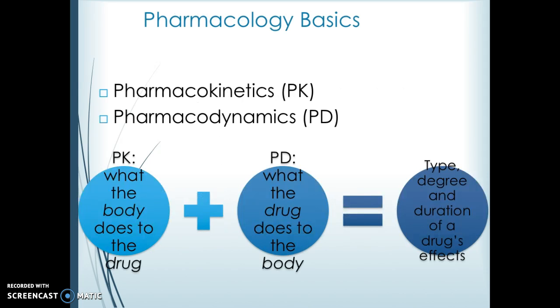In order to understand how drugs exert their pharmacological effects, it's important to have a basic understanding of what pharmacokinetics and pharmacodynamics are. These are the two most important aspects of the properties of a drug that allow us to predict what that drug is going to do. The pharmacokinetics, or PK, is loosely defined as what the body does to the drug.